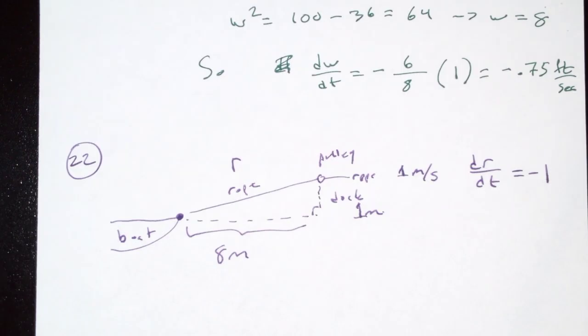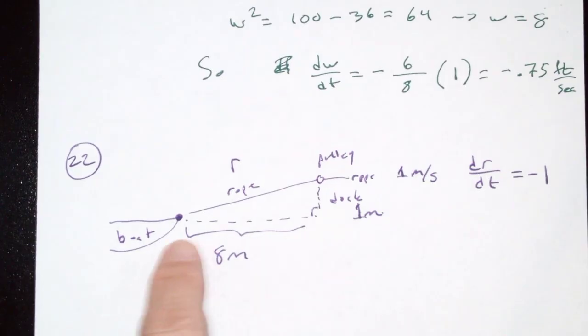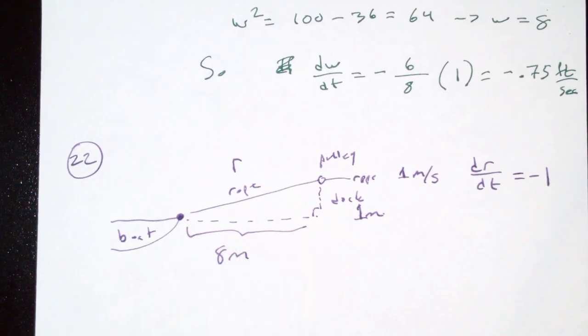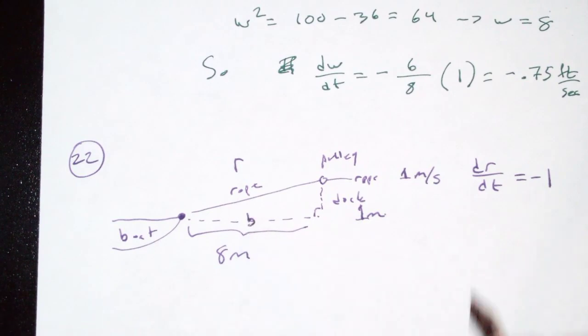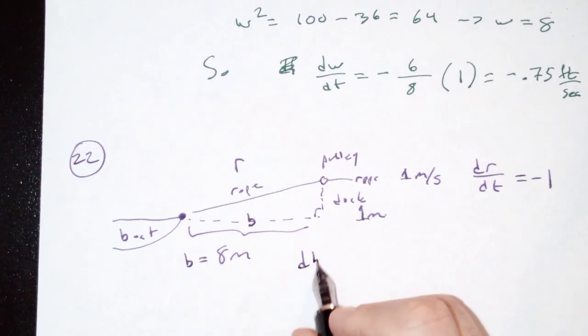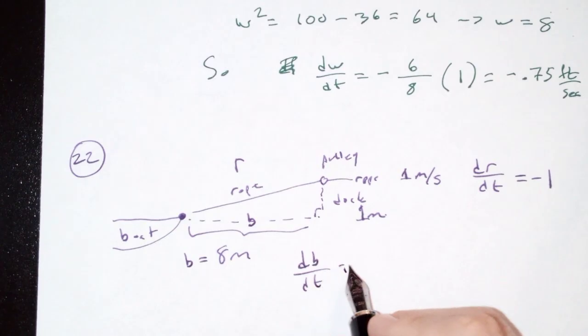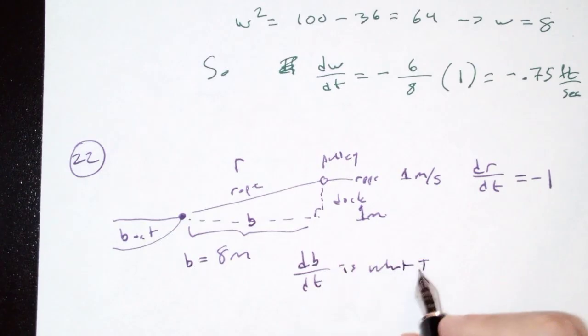But that means something for the boat in meters has to be changing. I haven't labeled anything for the boat, have I? So I need a label for this horizontal distance here. I don't want to use D because I keep using D over here for derivative. So I need something else. We'll call it B for boat. Okay. So if this is B for the boat, right now I know B equals 8. But the thing I'm looking for is the speed of the boat.